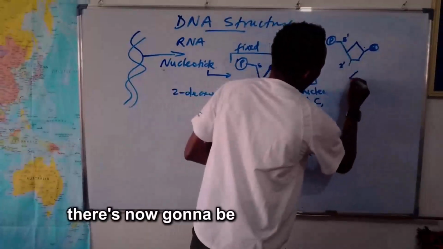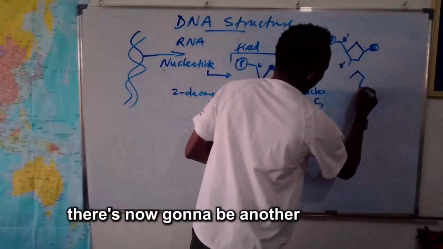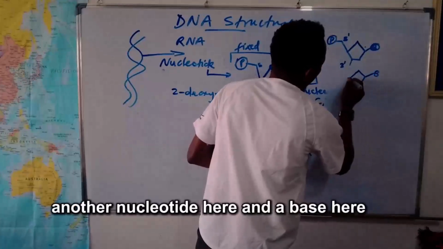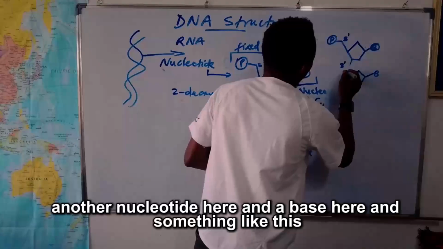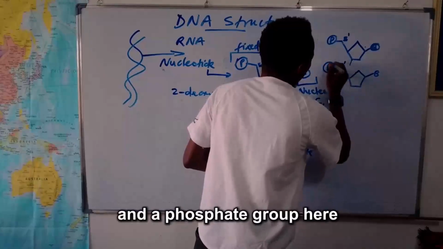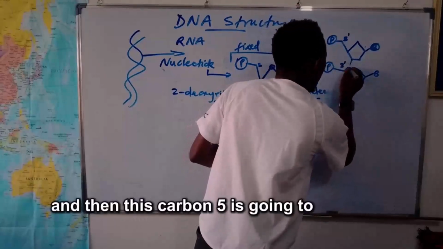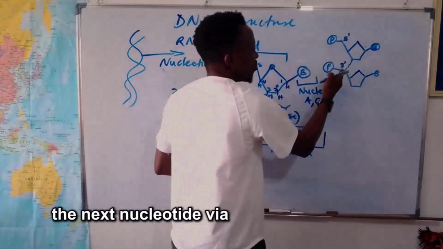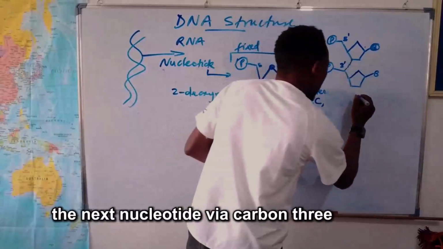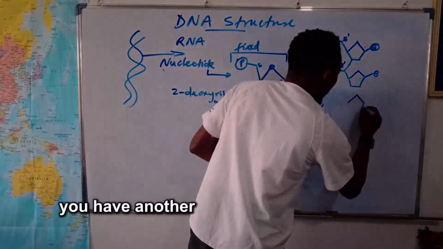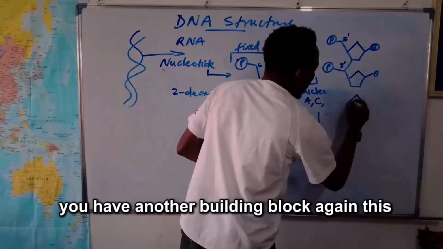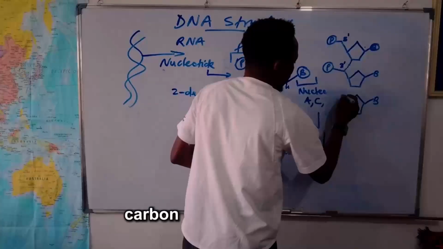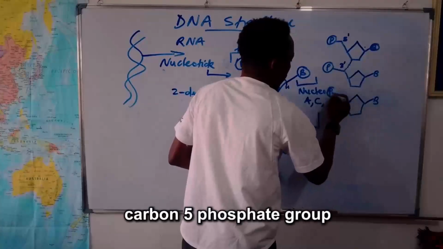There's now going to be another sugar here, another nucleotide here, and a base here, and a phosphate group here. And then this carbon 5 is going to link to the next nucleotide via carbon 3. Similarly, you have another building block again, a base, carbon 5, phosphate group.